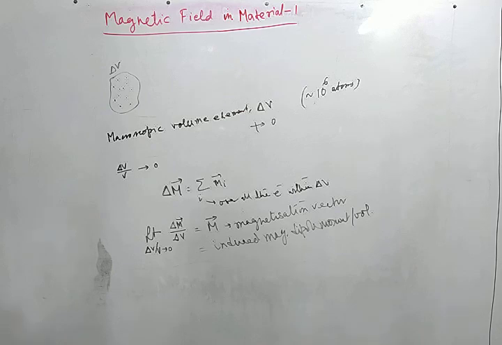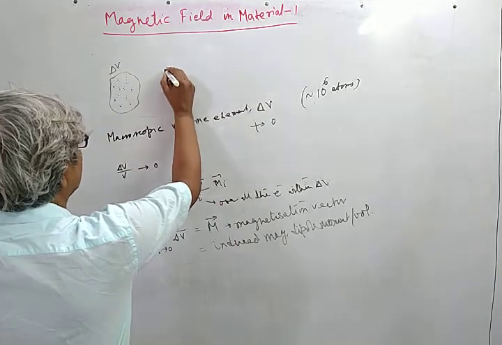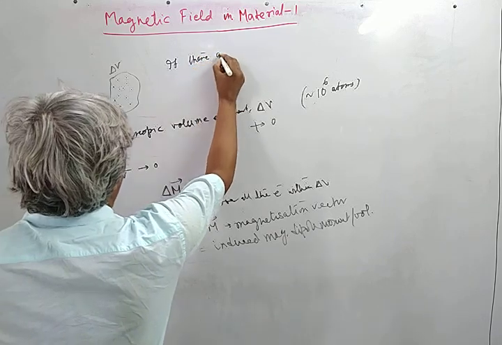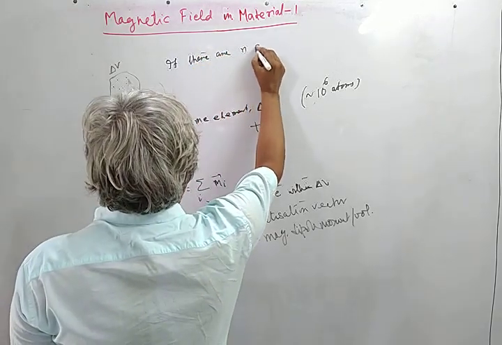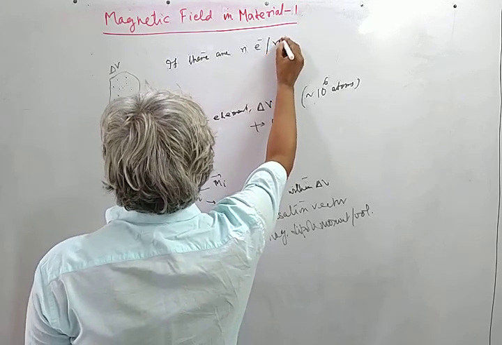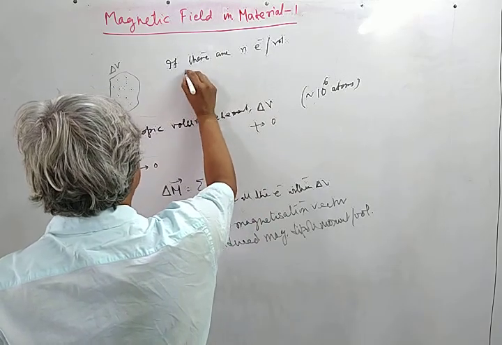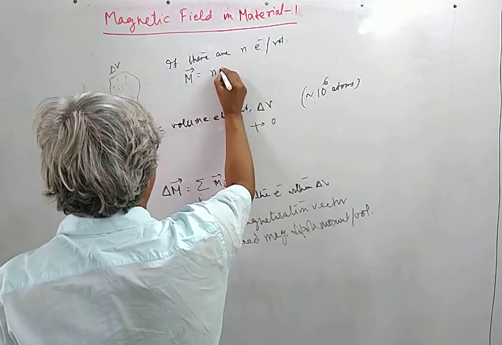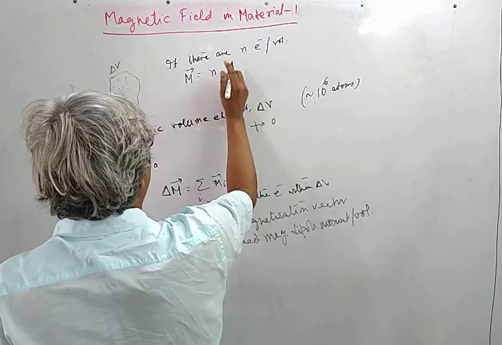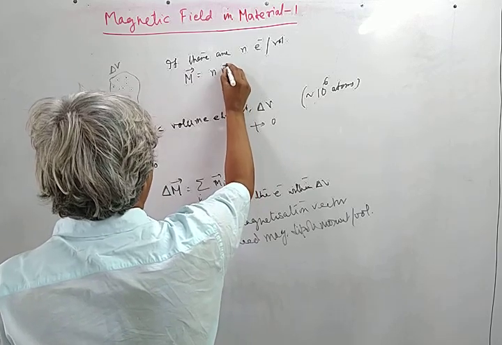Now, if there are n atoms, n electrons per unit volume, then magnetization is defined as n times m average, m vector average.